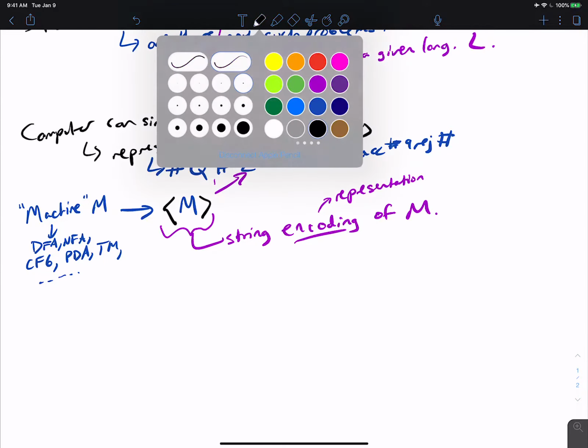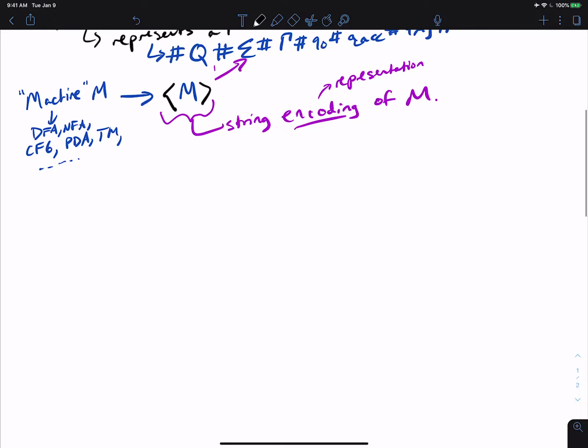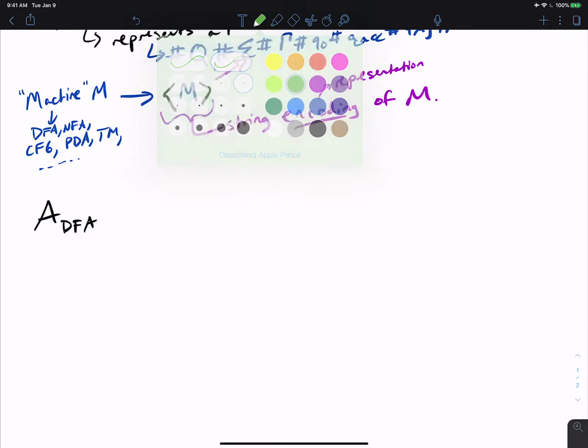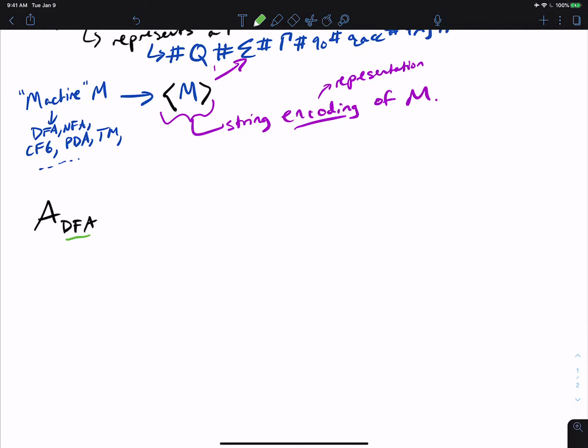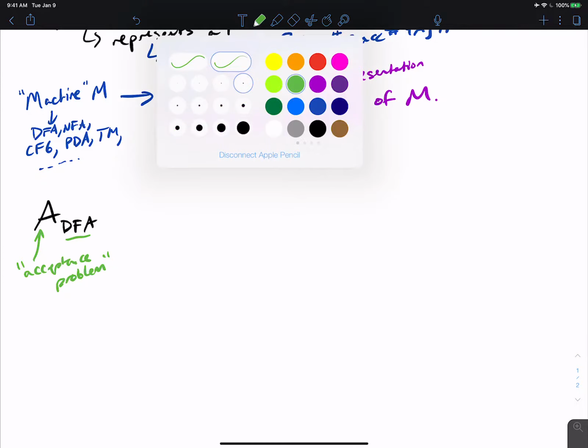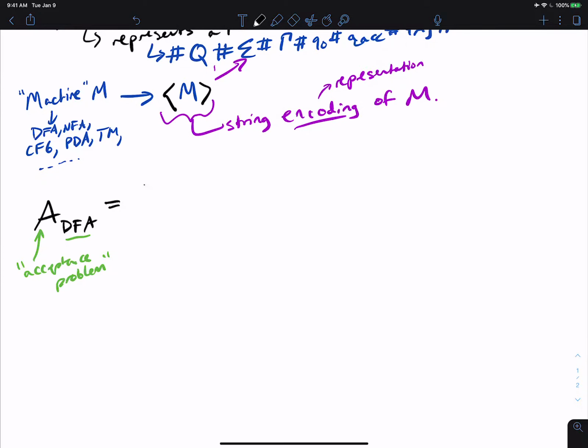So here is the first problem that we're going to look at. It's called A sub DFA. And what does this mean? Well, the DFA should be pretty clear what it's referring to. But the A here is called the acceptance problem, quote unquote. And what is this language? Again, like all languages, it's just a set of strings.